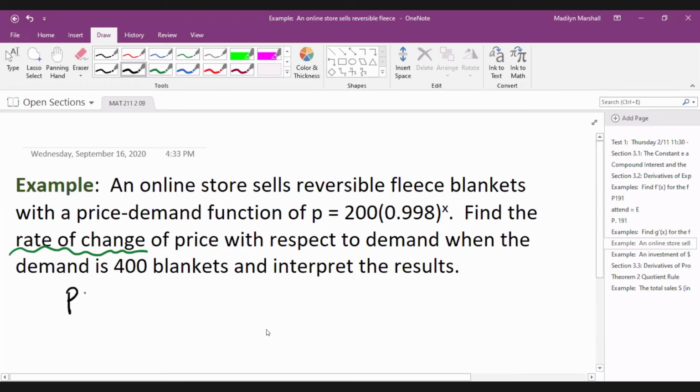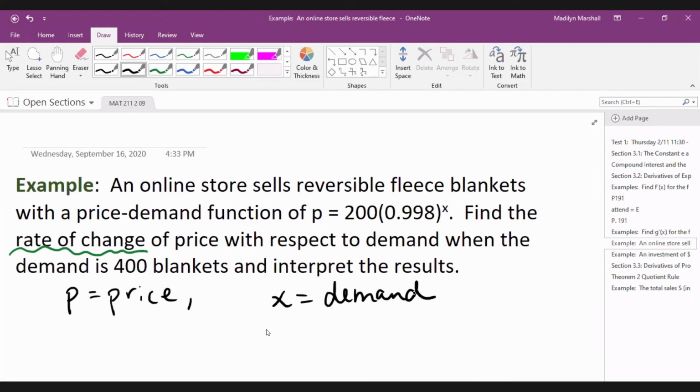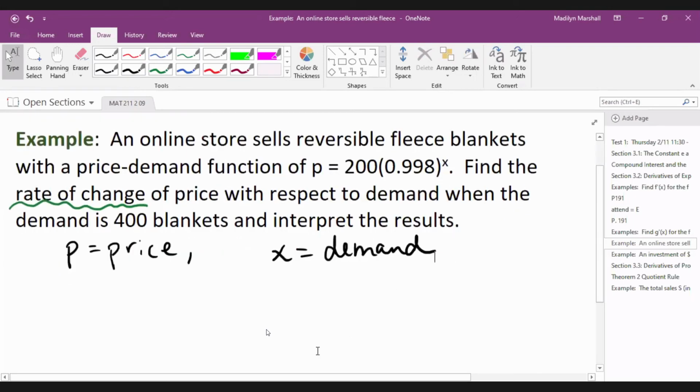So just as a reminder, P is the price and X is the demand. So this is the price that we can charge if we are selling X blankets. So rate of change of price when demand is 400 blankets.